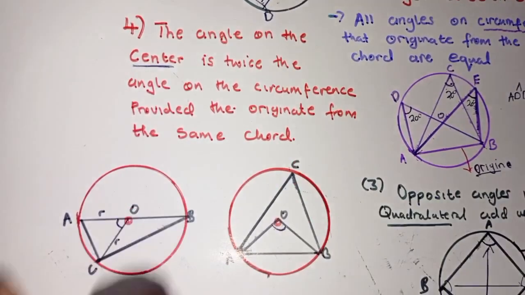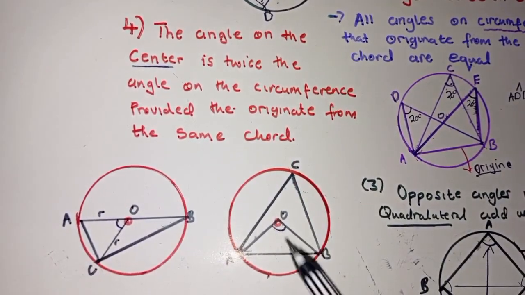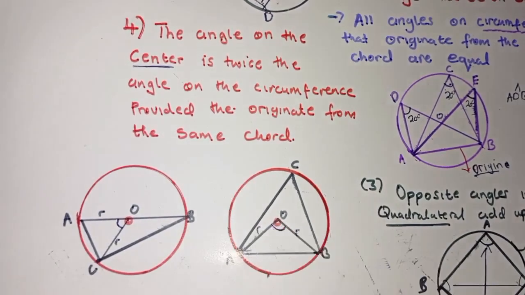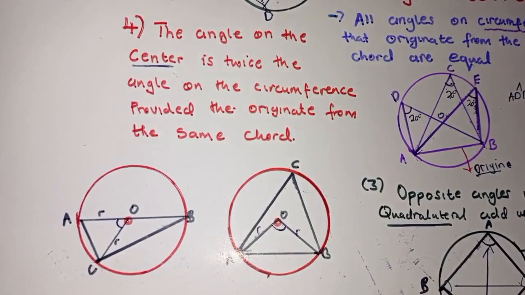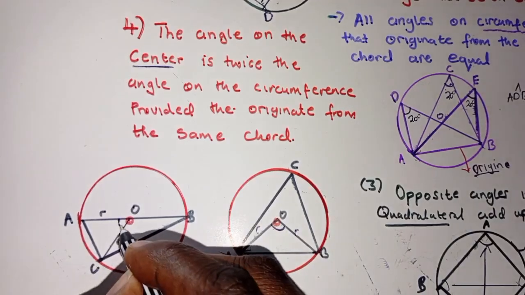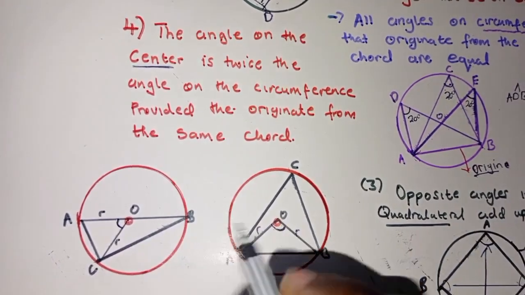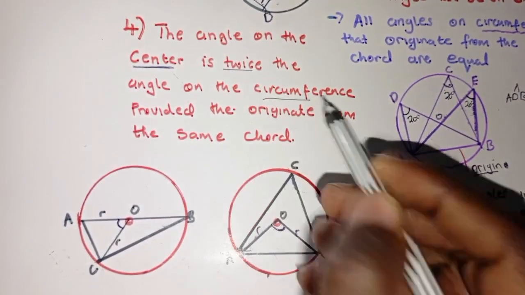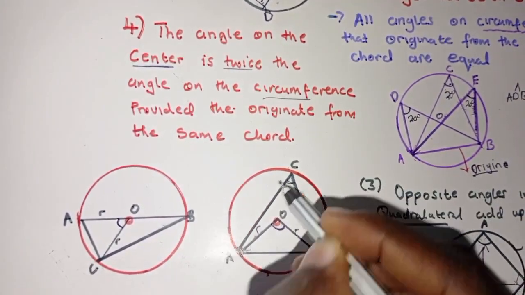I've just flipped it, and that's what they'll do to confuse you. You still have a radius here and a radius there. So the angle on the center is this angle here, and we're saying it is twice the angle on the circumference, which is this one.